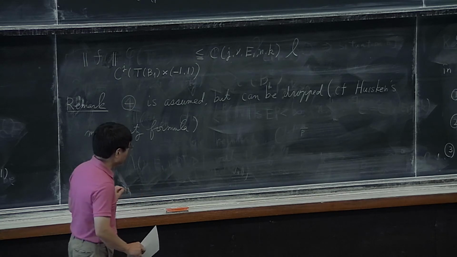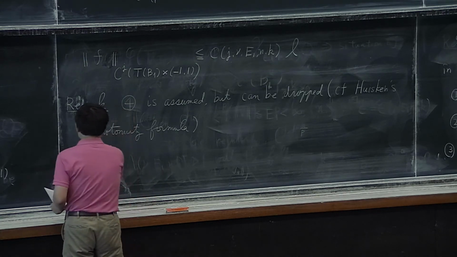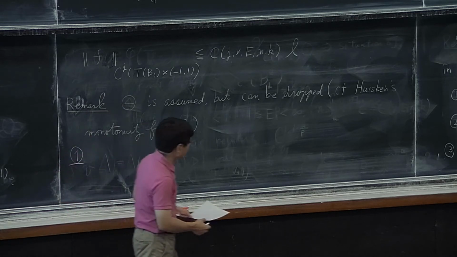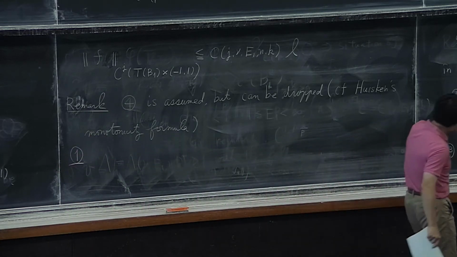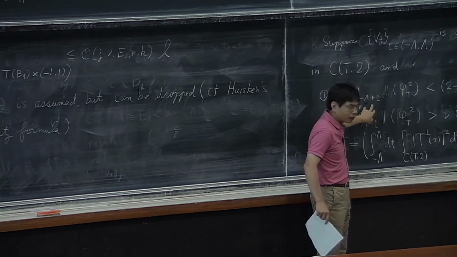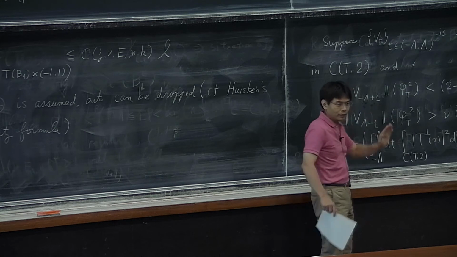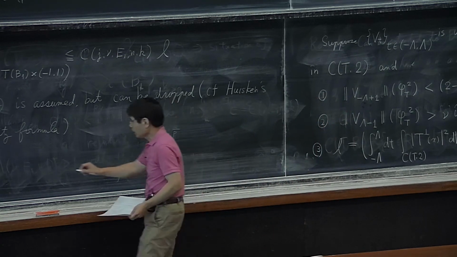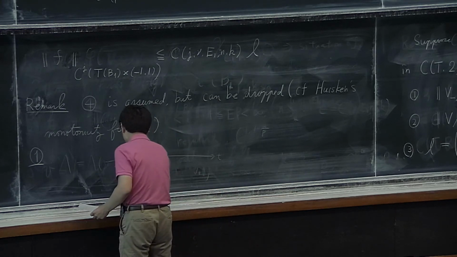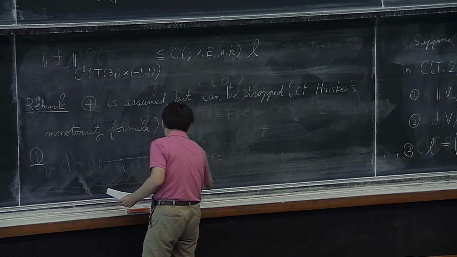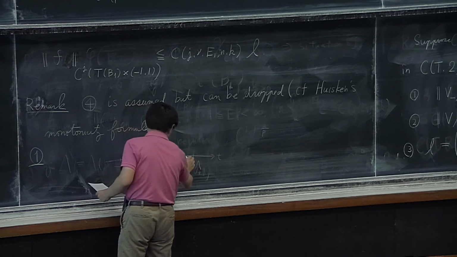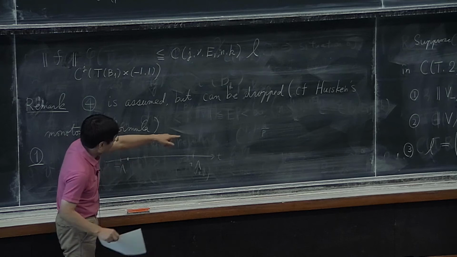Okay, so let me explain why. Number 1, the necessity of this assumption 1, is because this is roughly saying that toward the beginning, at minus lambda to plus lambda, so that's somewhere here.